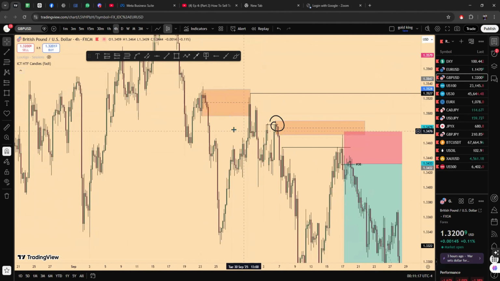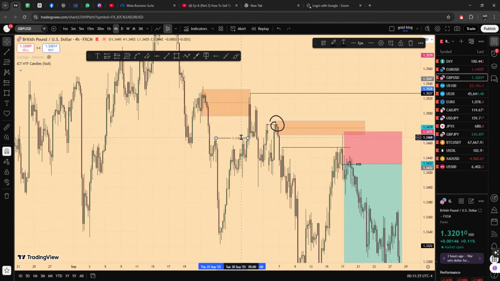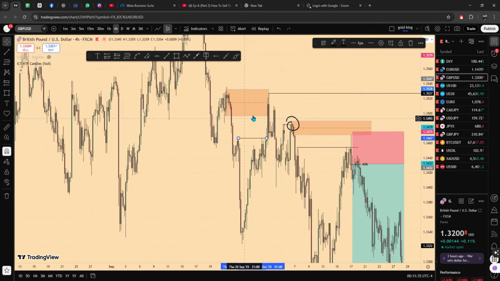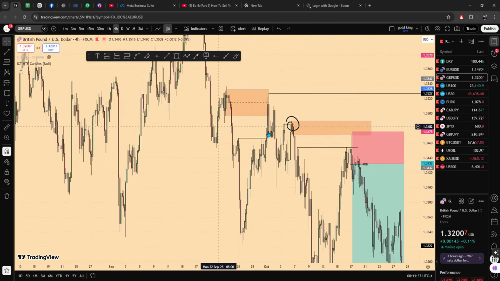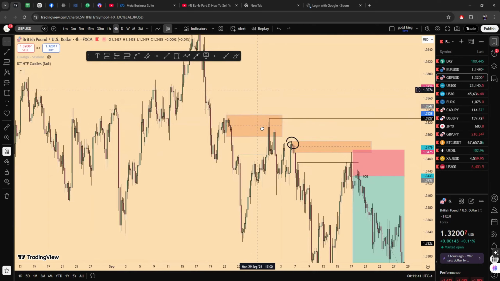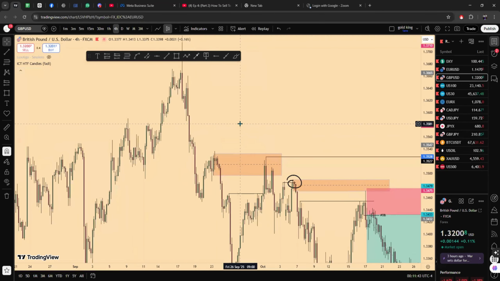And this other block, this liquidity was quite a little bit far, but then the market came up, it engineered another push here. Right? It engineered another push, like equal highs around that point. And I think this is not too far from this other block, right? I think it's not that far from that other block. So that is another valid point of interest for you to get an entry from.